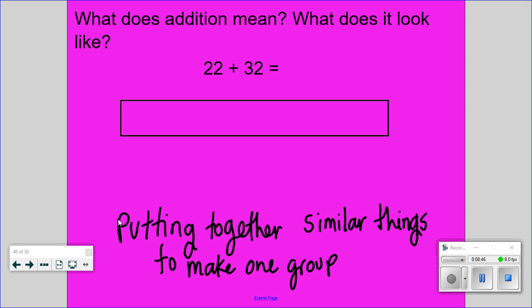So for example, I might say 2 students plus 3 students.